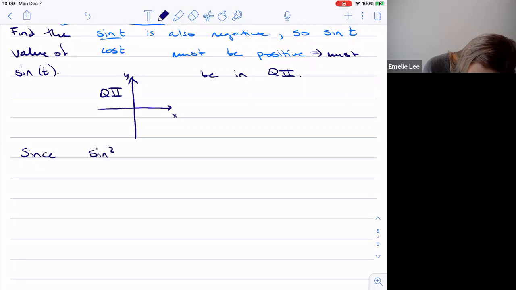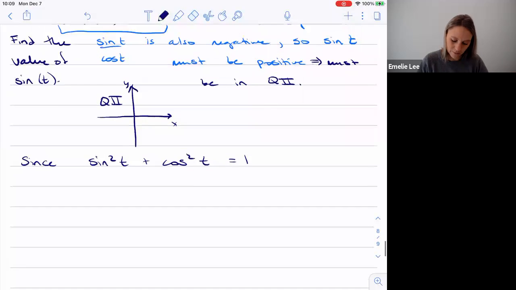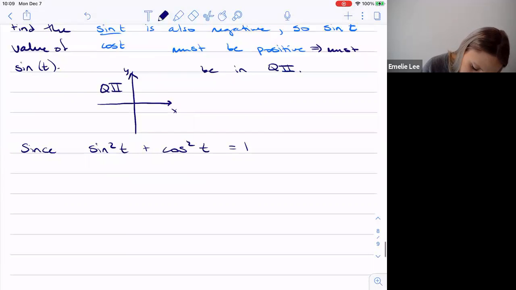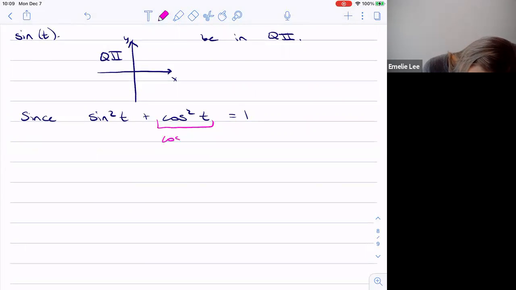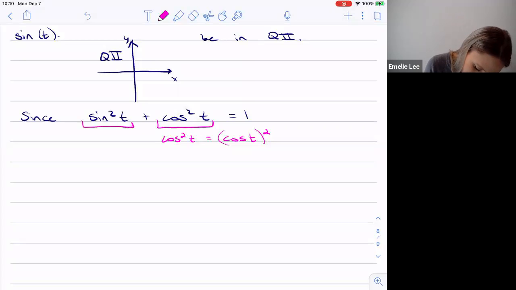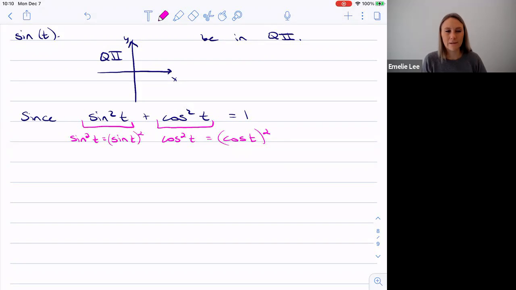Since sine squared t plus cos squared t is 1, okay, what I can do, cos squared t is just cos t squared. Same thing with the sine squared t. Sine squared t is sine t squared.